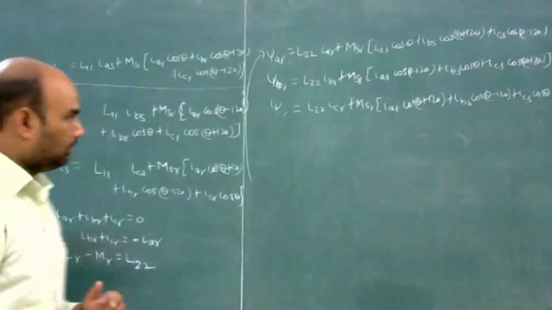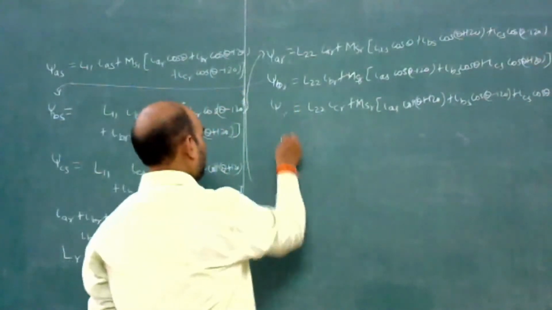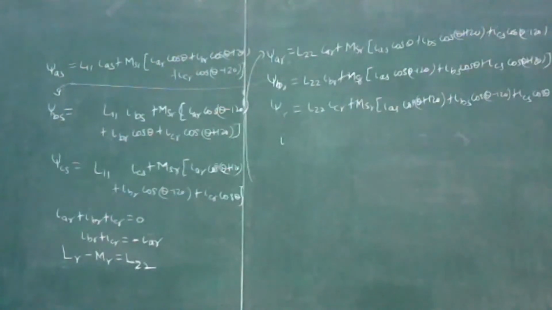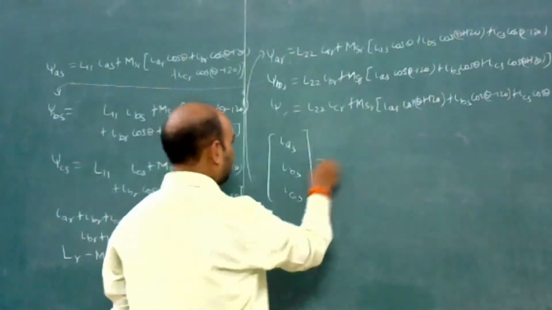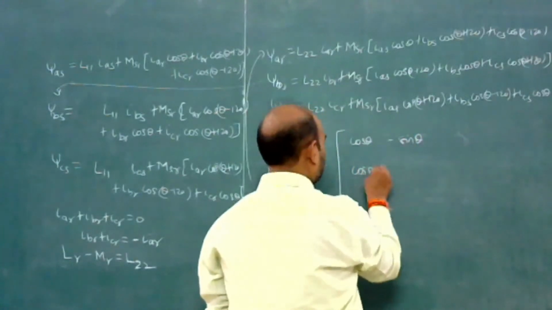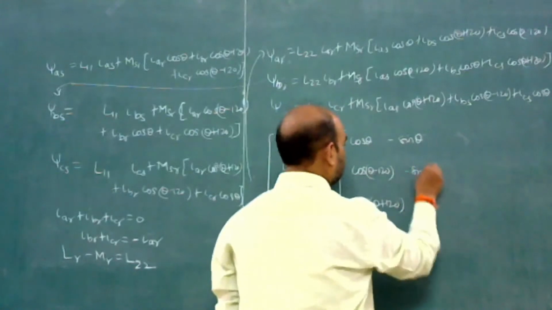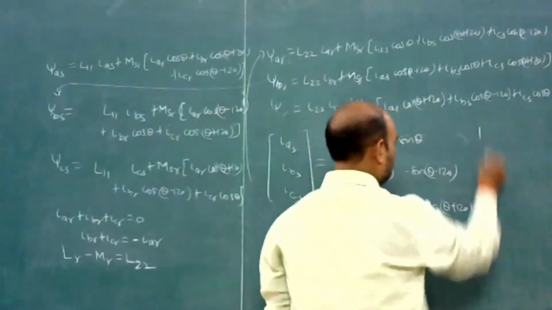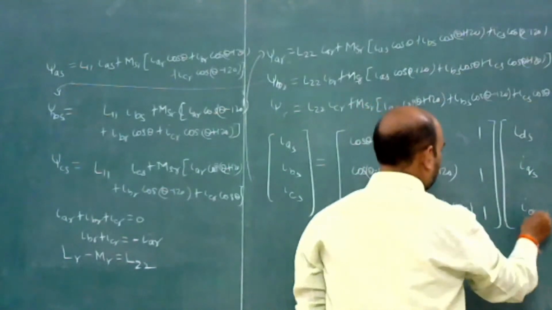Now we will use the DQ transformation. According to the DQ transformation, if you want to write the equations, IAS, IBS, and ICS for the stator side will be equal to the matrix: cos theta, minus sin theta; cos theta minus 120 degrees, minus sin theta minus 120 degrees; cos theta plus 120, minus sin theta plus 120; and 1, times the vector of IDS, IQS, and IS.